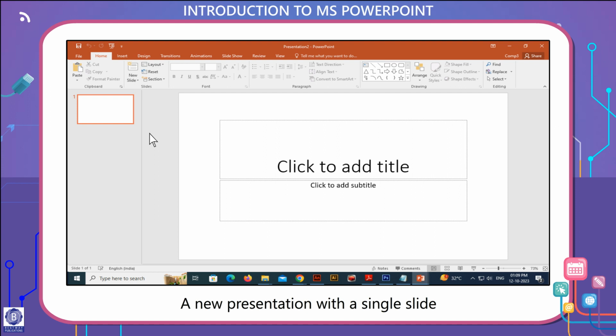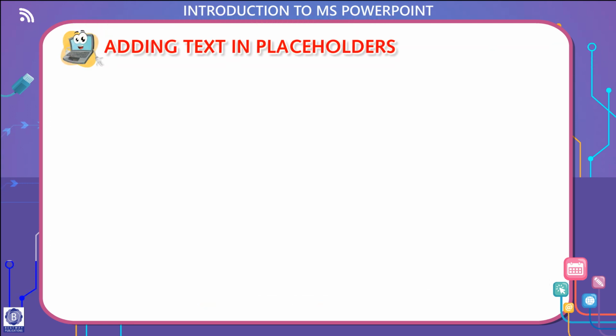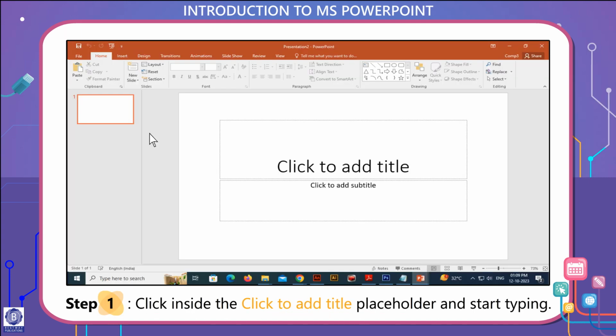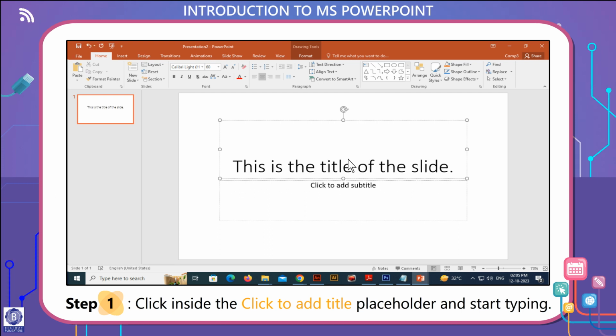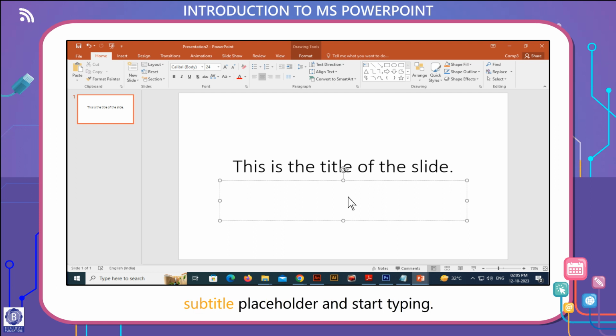A new presentation with a single slide with title and subtitle placeholders appears. Adding text in placeholders. To add text in placeholders, follow these steps. Step 1. Click inside the Click to Add Title placeholder and start typing. Step 2. Click inside the Click to Add Subtitle placeholder and start typing.